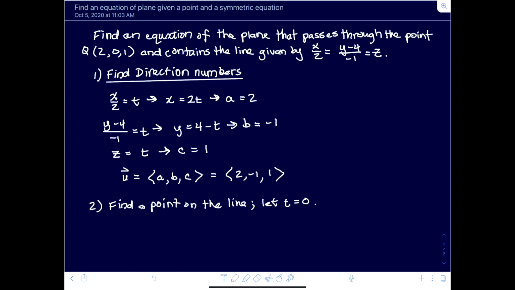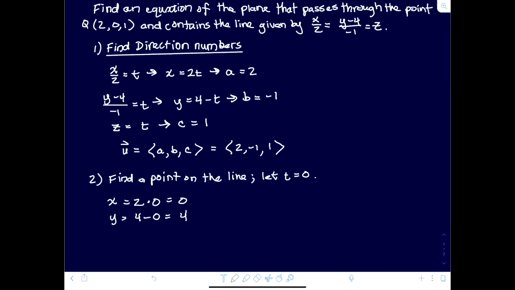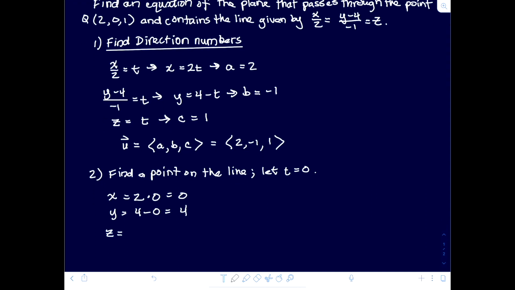Plugging it into what we found, x is equal to 2 times 0, which is 0. y would equal 4 minus 0, which is 4. And z would equal 0, because z was equal to t. So a point on the line, call it P, is going to be (0, 4, 0).